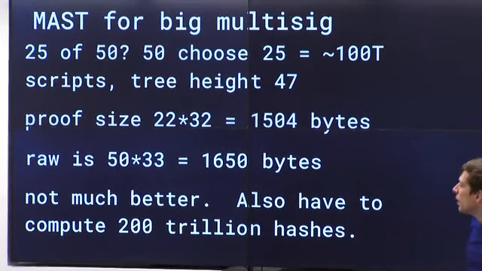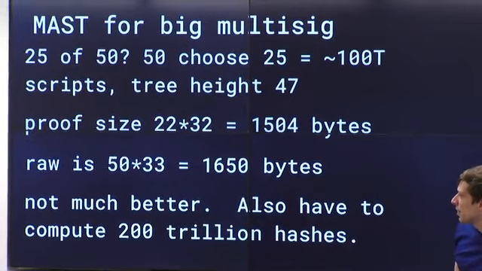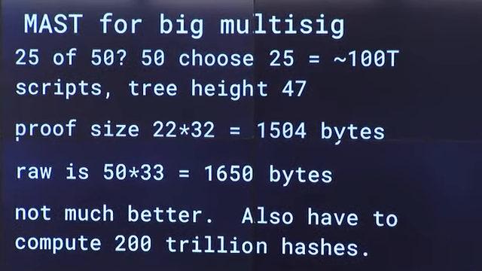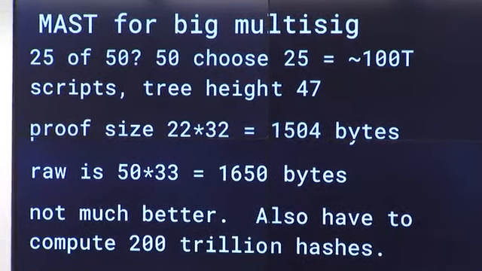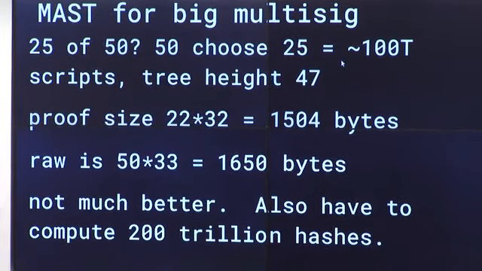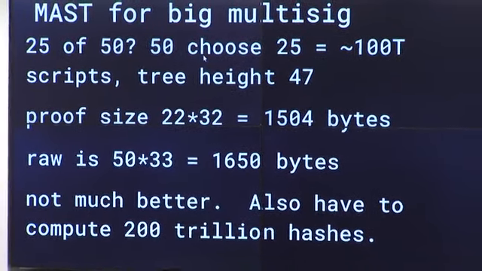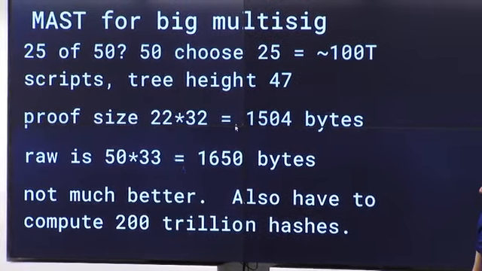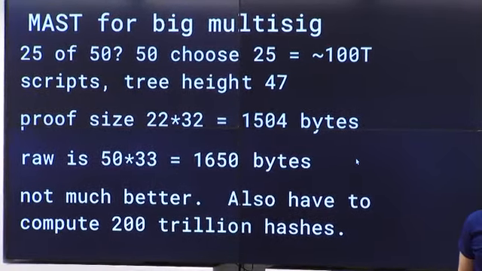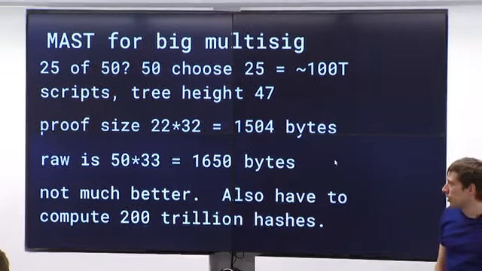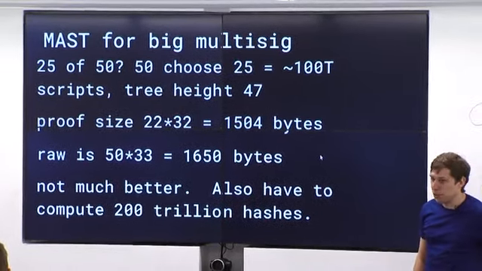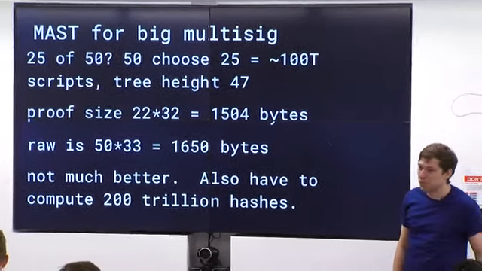Doable, but not fun. So MAST doesn't really get you necessarily what you want here, although this is kind of a silly case. None of the things really get you what you want here because of these sort of combinatorial problems. Okay, any questions, or oppositions if I have screwed up some math somewhere.